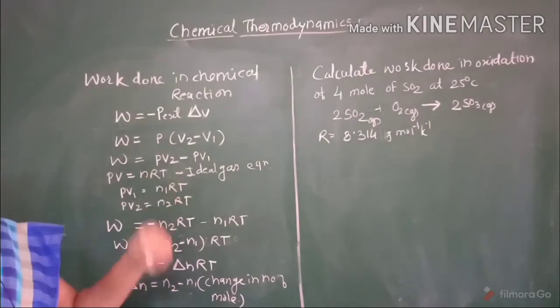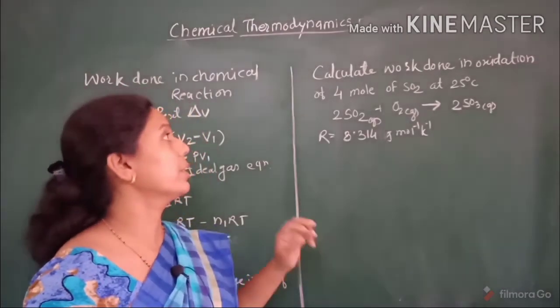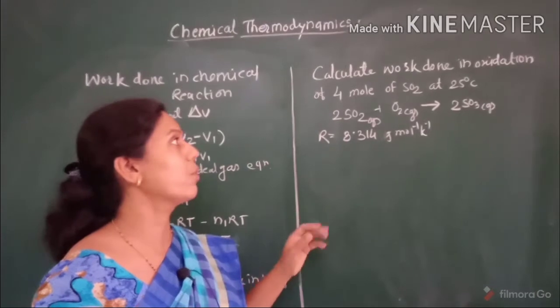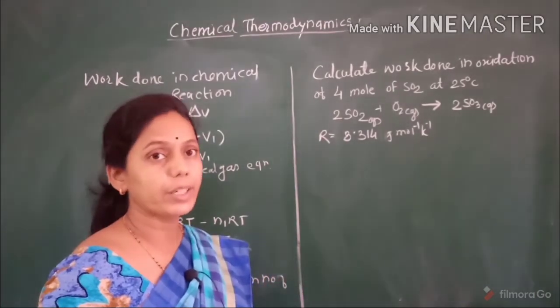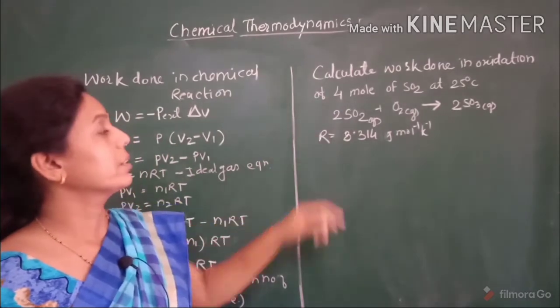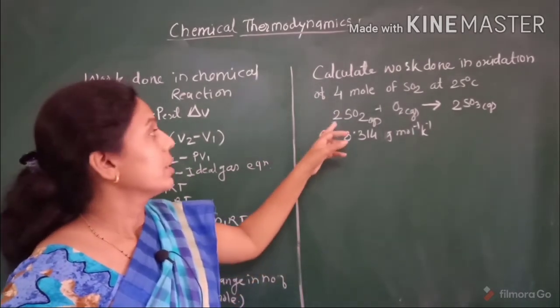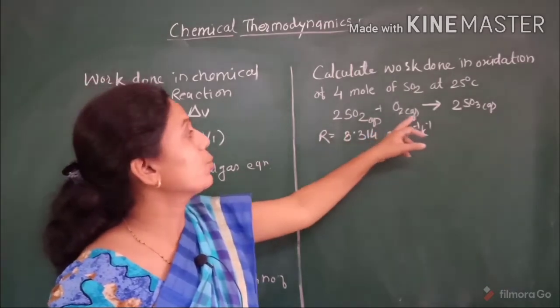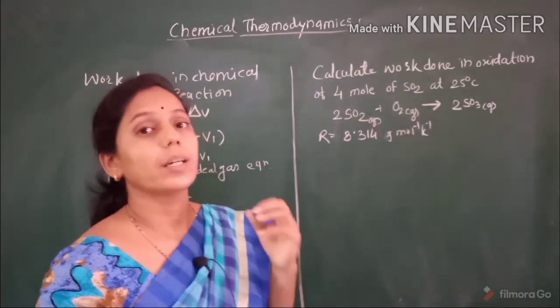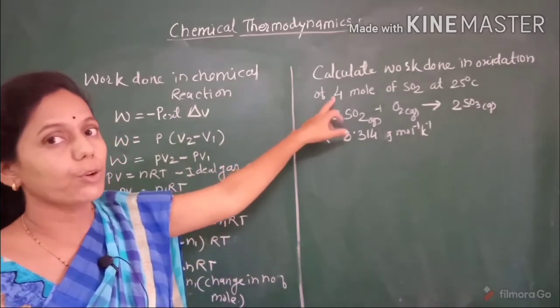Now we apply this formula. The problem is: calculate the work done in oxidation of 4 mole of SO2 at 25 degrees Celsius. The equation given is the oxidation of SO2: 2SO2 plus O2 gives 2SO3. Now you have to apply this reaction for 4 mole of the gas.